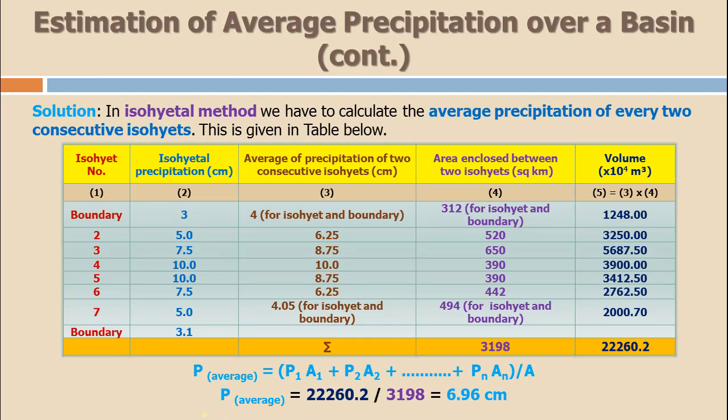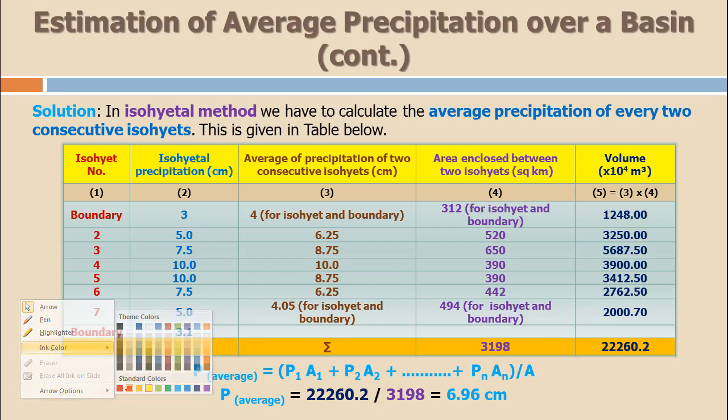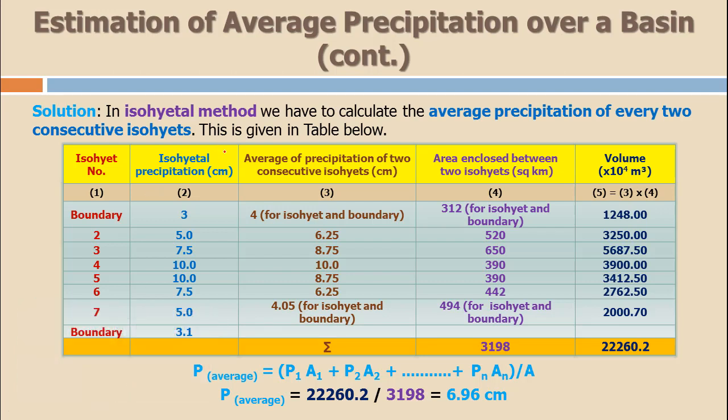In the isohyetal method, we have to calculate the average precipitation of every 2 consecutive isohyets. This is given in the table below. Here it is the isohyet number. Isohyet number 1 and isohyet number 8 are excluded from the calculation.